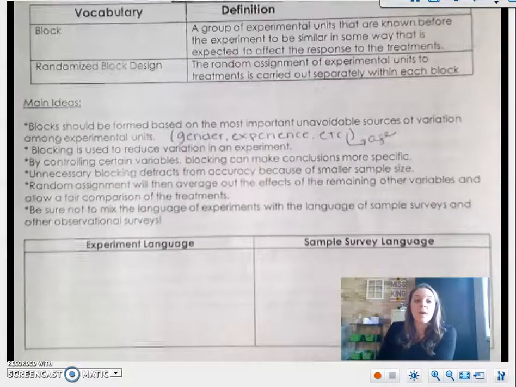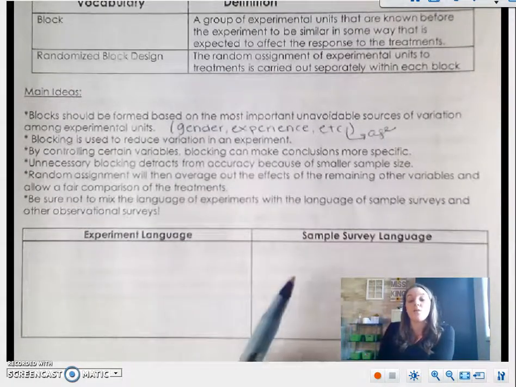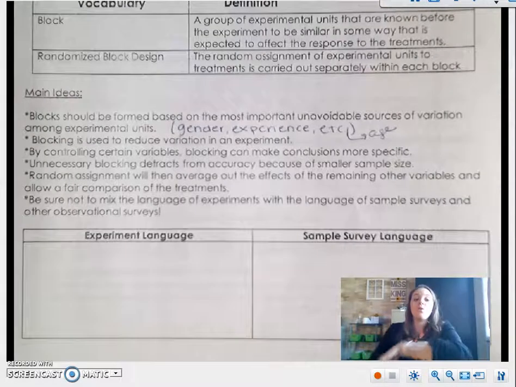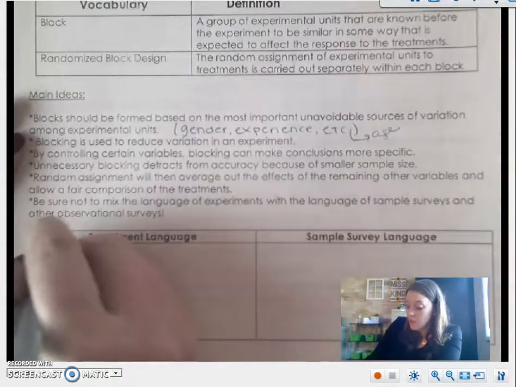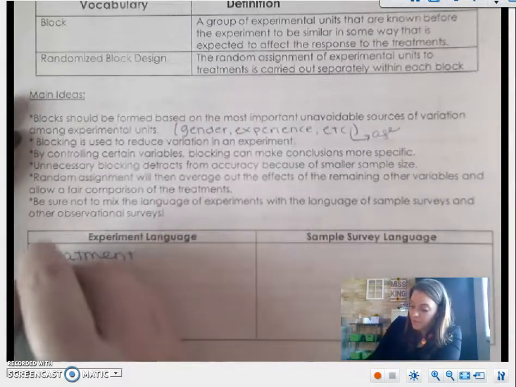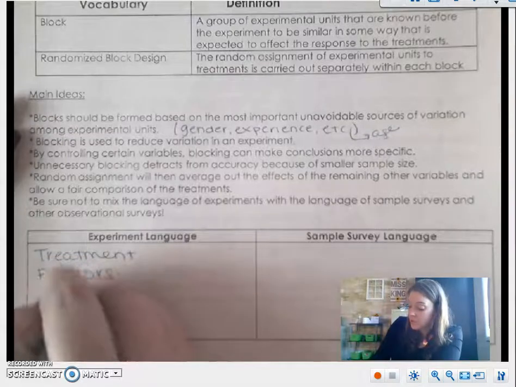And be sure not to mix the language of experiments with the language of sample surveys and other observational surveys. So when you're talking about experiments, you're going to use words like treatment, factors, levels.